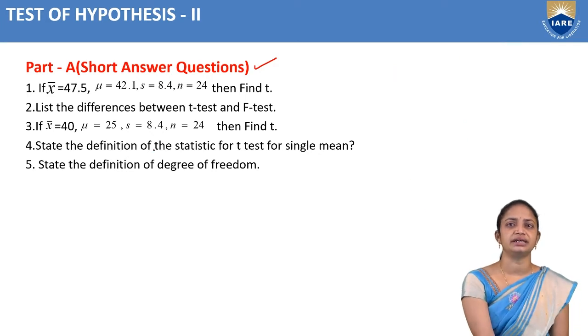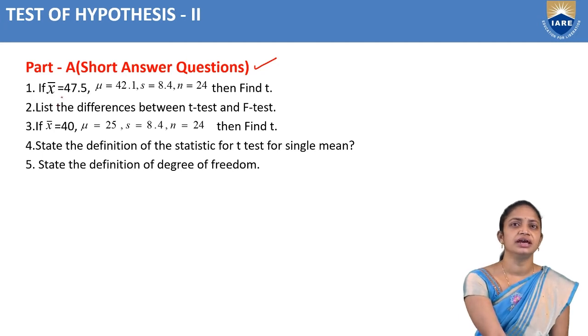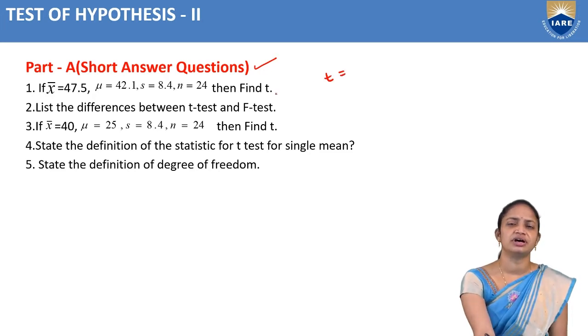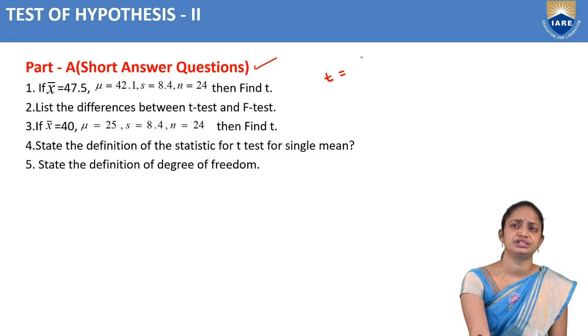Coming to Part A, what is our first question? If x bar equal to 47.5, mu equal to 42.1, s equal to 8.4 and n equal to 24, then find t. This is totally based on t-distribution for single mean.